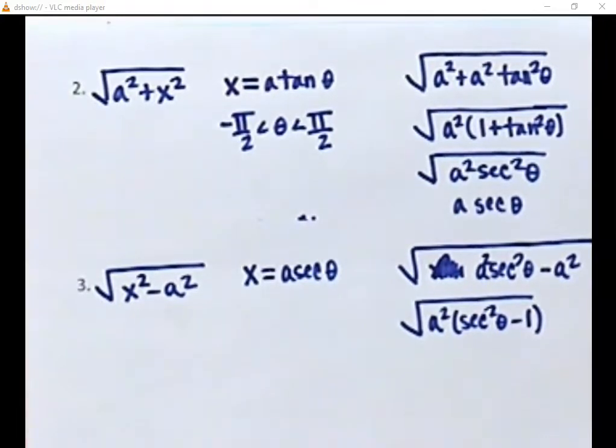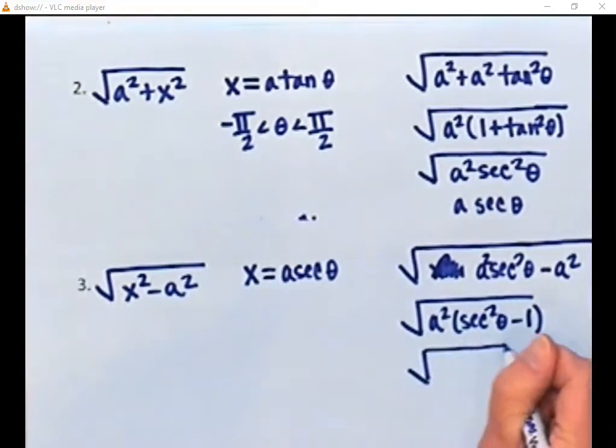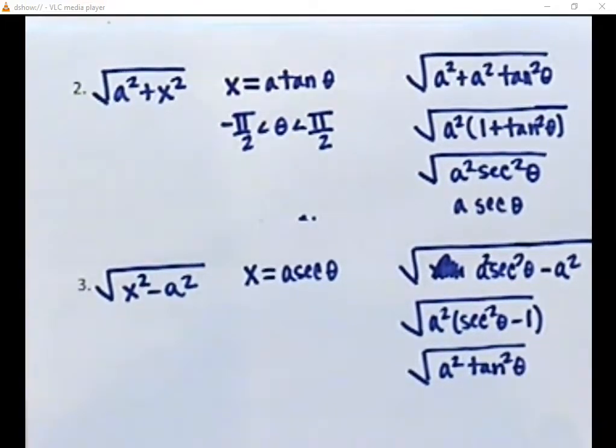What's secant squared minus 1 equal to? Tangent squared. Yeah, I go back to the tangent. So that will give us the tangent squared. And then we can simplify that to a tangent theta. Technically, it should have absolute values, but we're going to look at the domain restrictions here and see why we don't need to put those on.